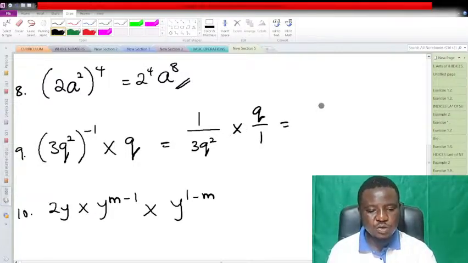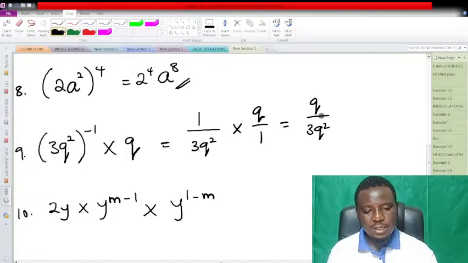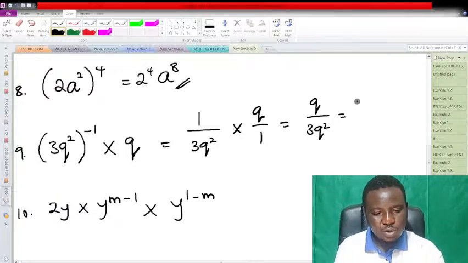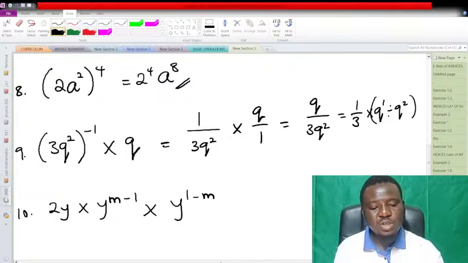Okay? So that this gives you q divided by 3q squared. And this can be said to be equal to, let me factorize out 1 over 3. This is said to be 1 over 3 times, this is division, q raised to the power of 1 divided by q raised to the power of 2, which is subtraction.